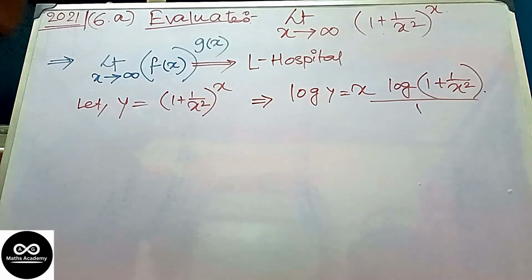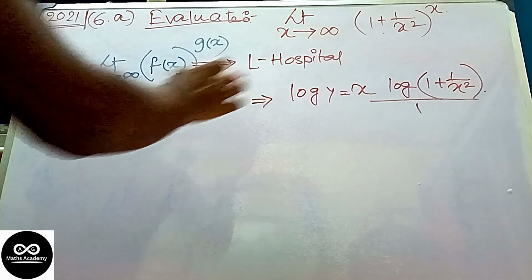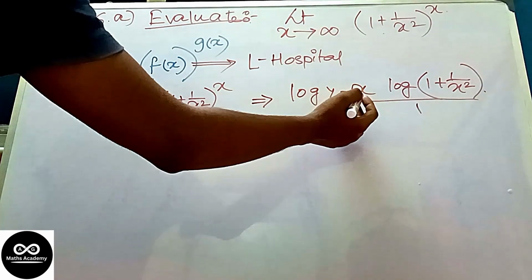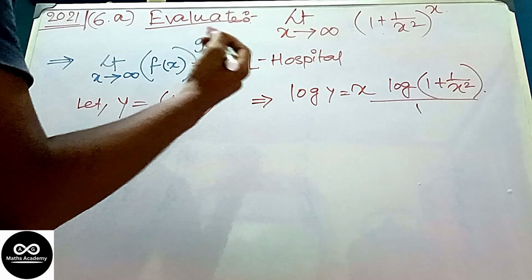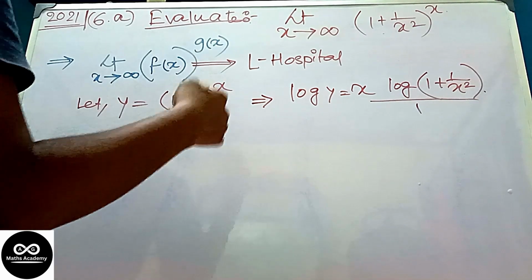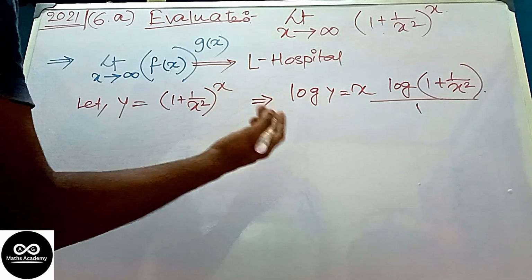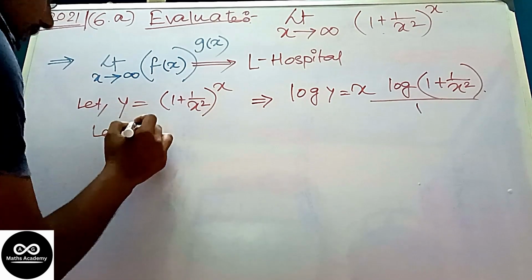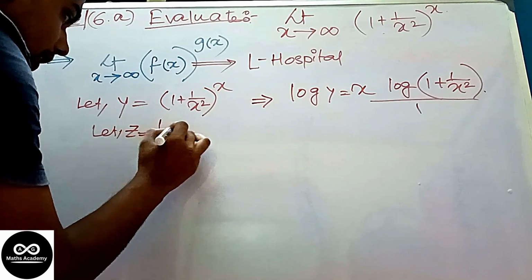We need a denominator to use the L'Hopital method. So what we're gonna do is take z as 1 by x. So let z is equal to 1 by x.